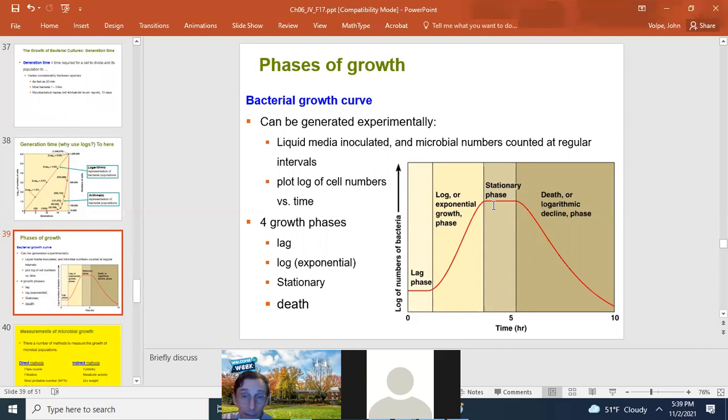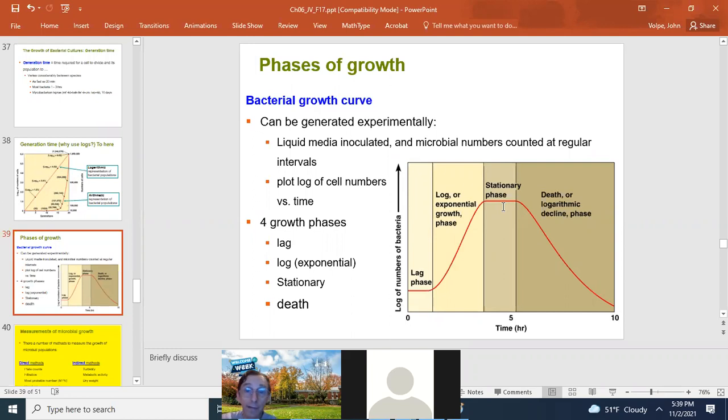So the population number stays about the same. Why this is happening is because the lucky cells have a little bit of space to divide, a little bit of nutrients, and they don't have too many wastes around. So they're dividing. The unlucky cells do not have those things, and they're dying. Any question about any of that?